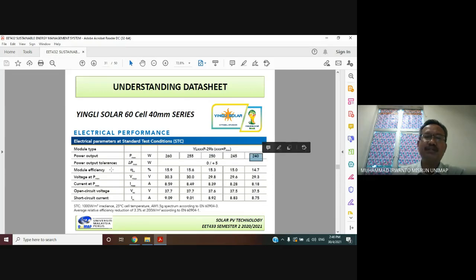We can obtain the module efficiency, voltage at maximum power, current at maximum power, open circuit voltage, and short circuit current.